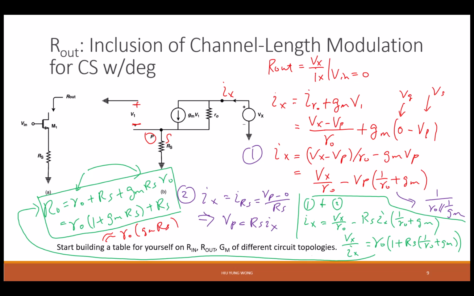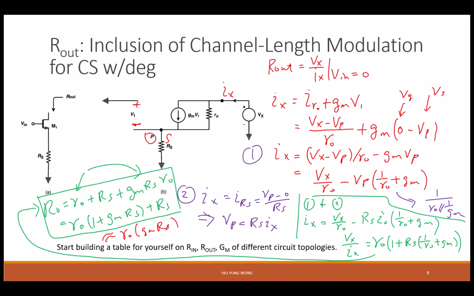Now, this is a lengthy equation I want you to memorize. But more importantly, I want you to see this. Because GmRs is much larger than 1, this one is approximately equal to R0 times GmRs.